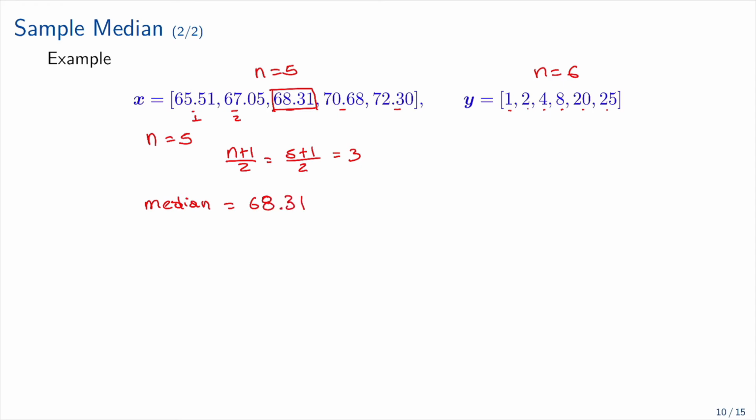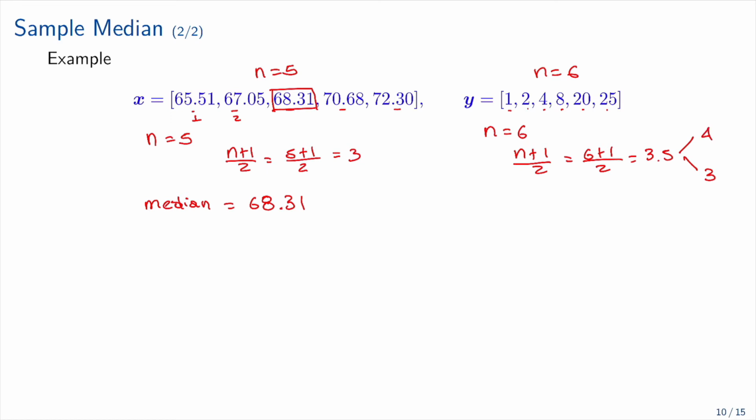In the second case, we have n equal to 6. We apply the formula. So we have (n plus 1) divided by 2, which is equal to 6 plus 1 divided by 2. So this is 7 divided by 2, which is equal to 3.5. So we have the two options, 3 and 4.